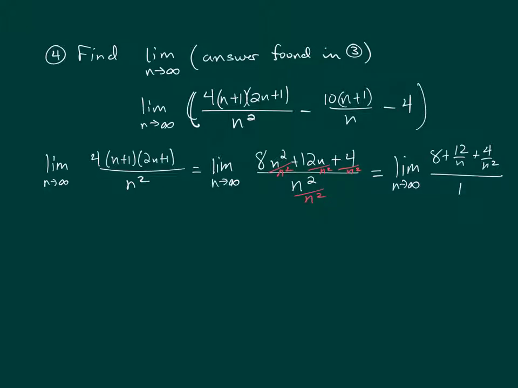And with this limit, you know that as n goes to infinity, this term and this term, because there are n's in the denominator, will both go to 0. And what you have left is the limit as n goes to infinity of 8 over 1. And that leaves you with a limit for that term equaling 8.